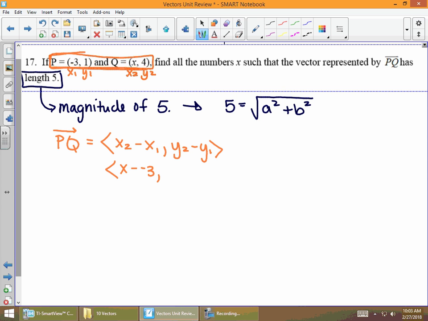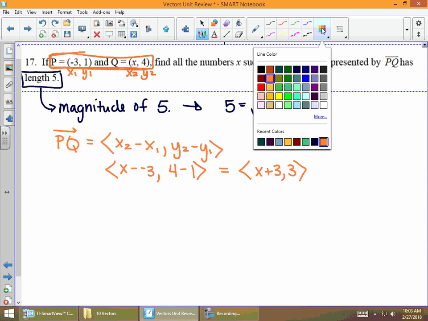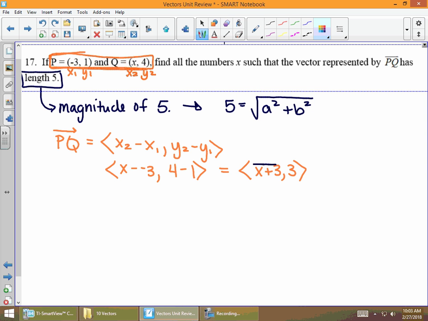Our Y2 is 4. And our Y1 is 1. So our vector is X plus 3, 3. And now we have our A and our B that we can plug into our equation. So here's A, X plus 3 is A, and 3 is B.